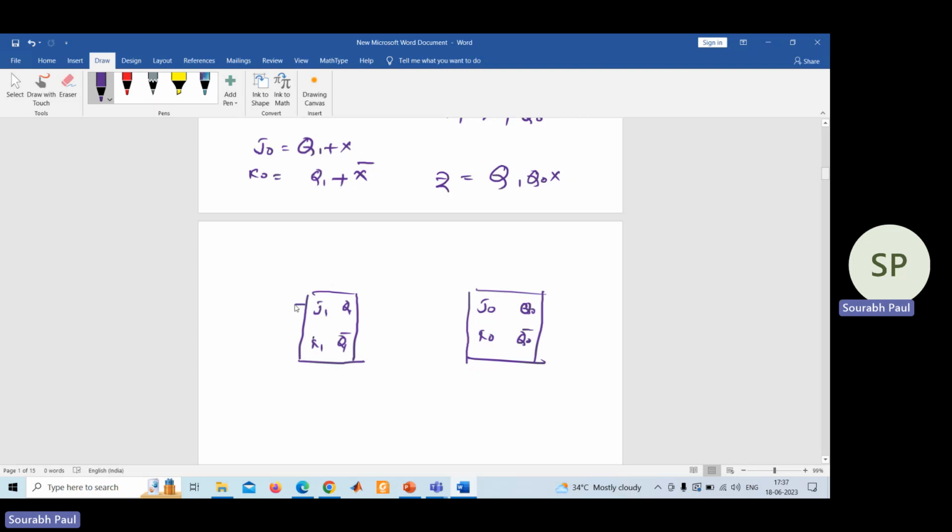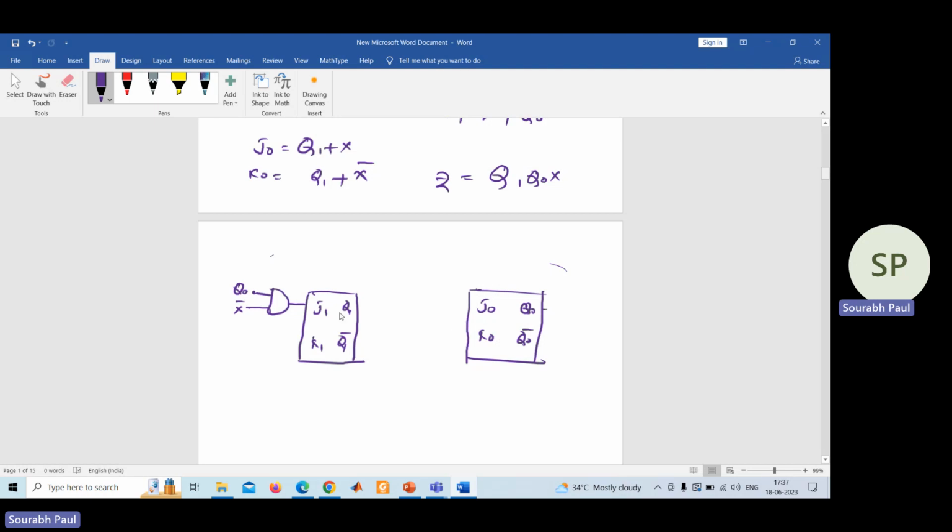J1 is Q0 X bar. That's the AND relation, so you need to use an AND gate with Q0 and X bar. Ideally, from Q0 you can make a line and connect it here, but if you do so many connections, then this circuit will look so much more complicated. That's why I'm writing the variables separately here. If you want, you can do that also, but in that case the circuit will look more complicated.